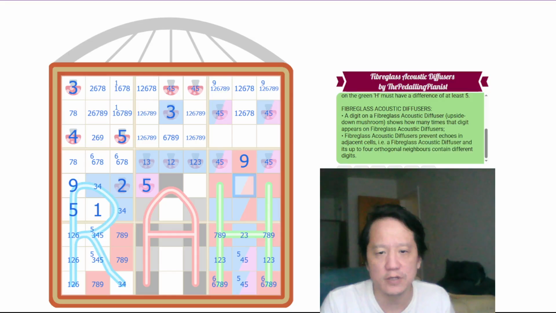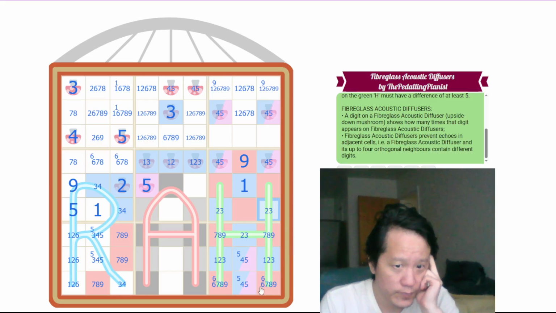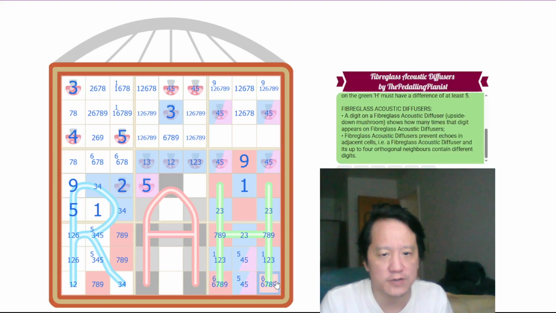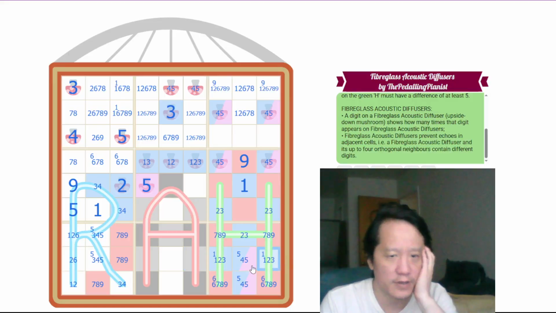It must be here, so this is low and is 1. That means this cannot be low, this is high, this becomes a 2, 3 pair here. 1 has to be one of these digits here, so this can't be 6 because one of these is 6 there. This can't be 1 because one of these is 1 there.